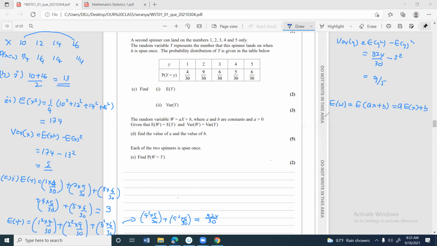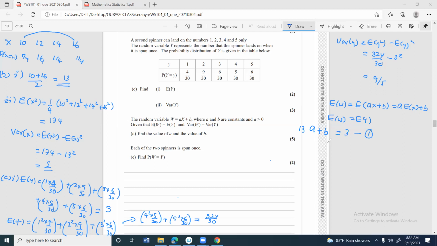They have given E(W) equals E(Y). We already found E(X) is 13, so 13a plus b is equal to E(Y), which we already found as 3. This is my first equation.